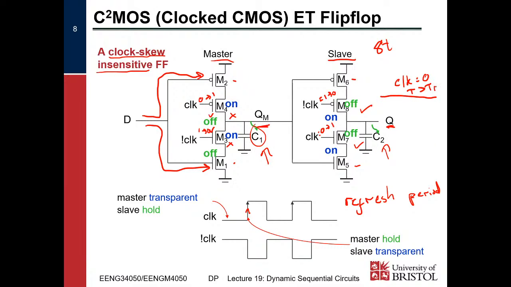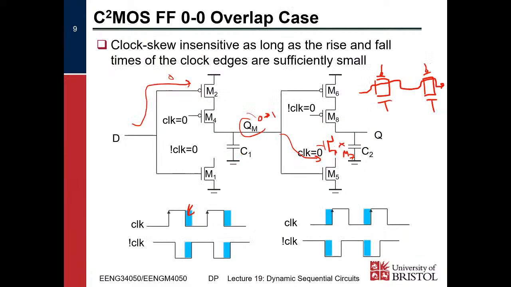So we cannot have our clock low for more than our refresh period, but other than that, we've got our dynamic flip-flop in 8 transistors. Okay, and so that's how we would do this in a dynamic style.